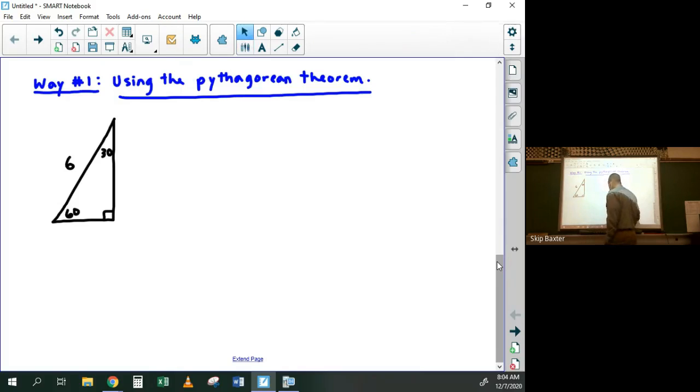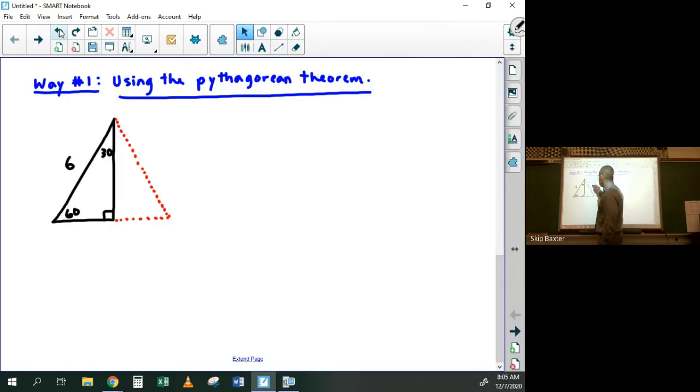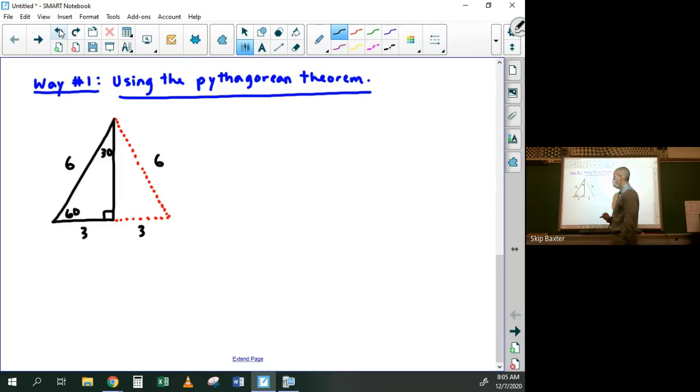Well, again, you can think of this as being half of an equilateral triangle, right? So I can think of this as being half of an equilateral triangle, in which case this would be 6, and this whole thing would be 6, and it would be 3 and 3, right? So if I'm trying to find the missing side, if it was that side I'm looking for, it's just 3.